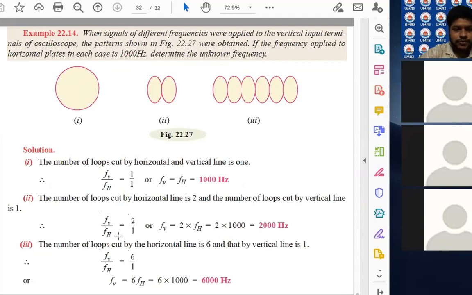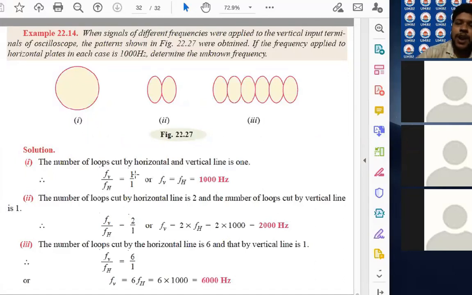So here you see 2 by 1, and this is 2000. So the frequency of the unknown signal is 2000 in this case. And in this case, here you see 1, 2, 3, 4, 5, 6. So here 6, and this is 1, 6 by 1, this is 6000. So this is so simple.